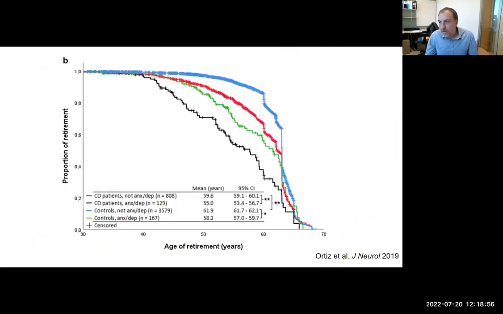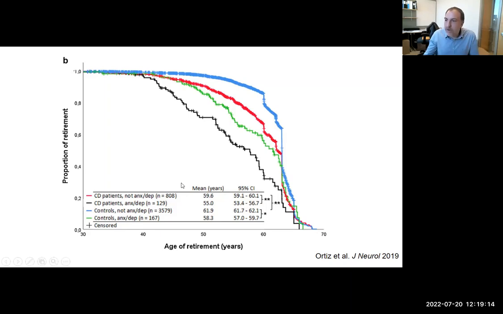This is another important study that comes from Finland. It's a population-based study that indicates how the presence of comorbid depression in dystonia and cervical dystonia is associated with an anticipation of age at retirement.